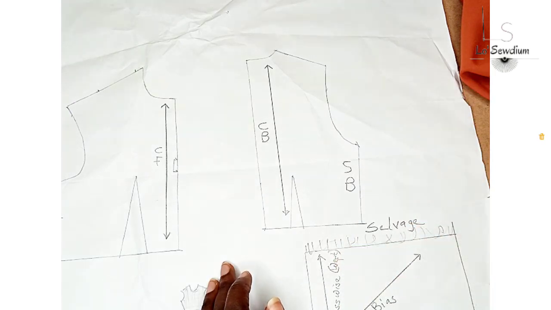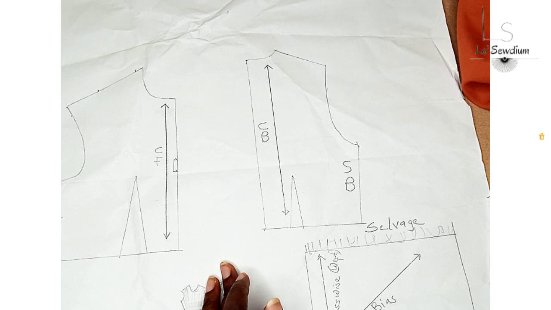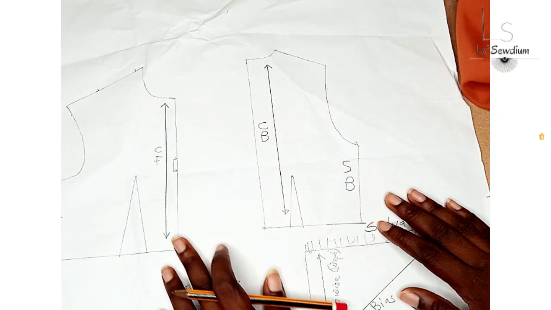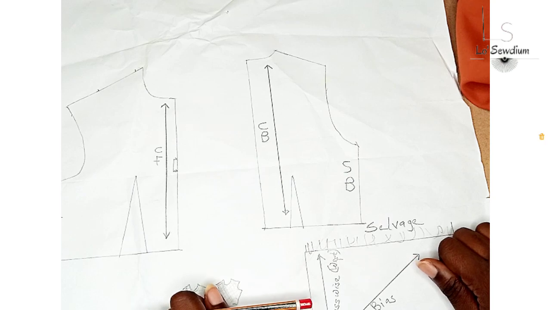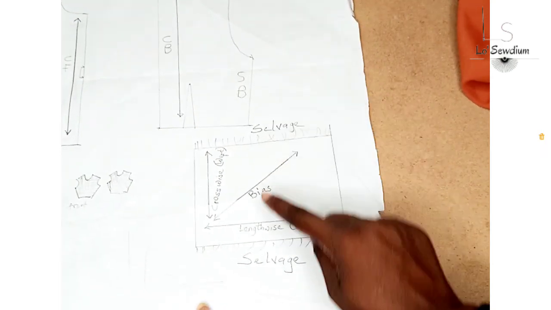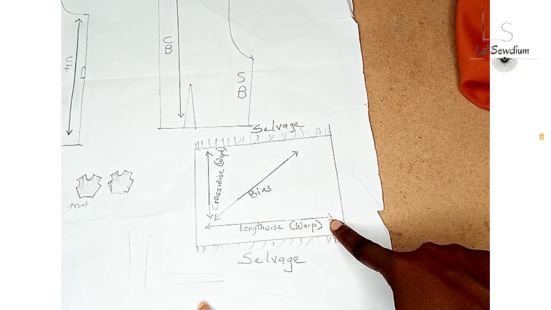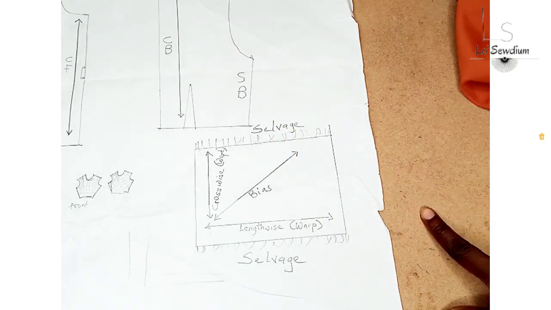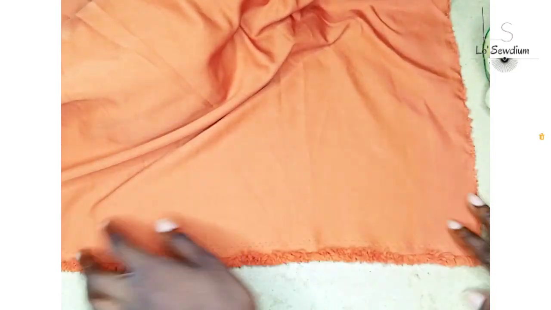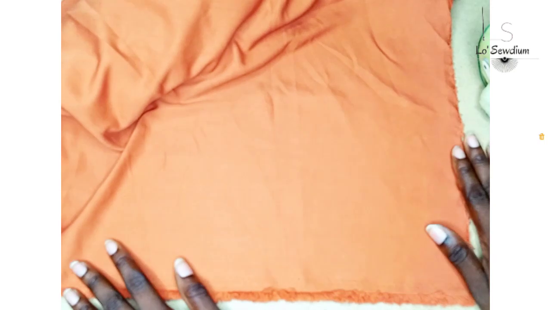So now how do I cut them on fabric? When cutting your pattern on fabric, your grain line has to be parallel to the selvage. So if I'm laying it, I have to lay it this way. I'm going to cut out this pattern and show you. Alright, this is my fabric.